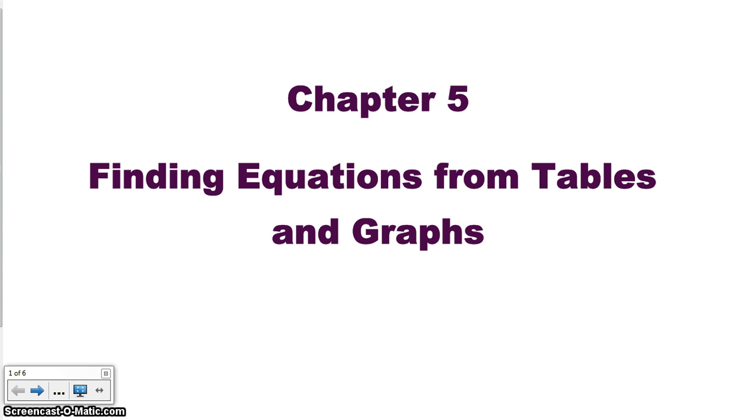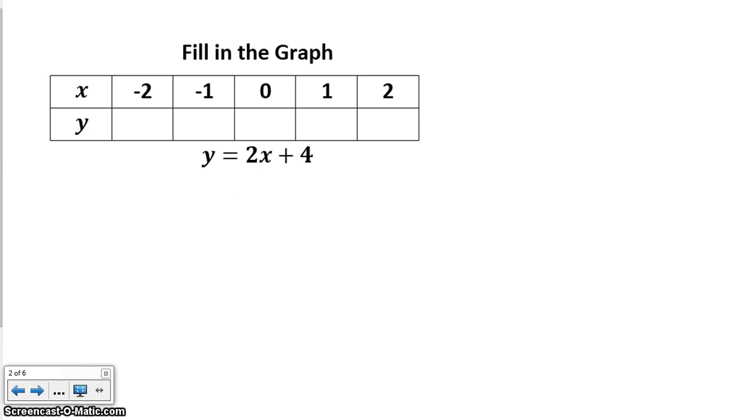First, you will plug in the value of x, let's say -2. You will plug it in to get y equals 2, and you're going to put the -2 in the parentheses, plus 4.